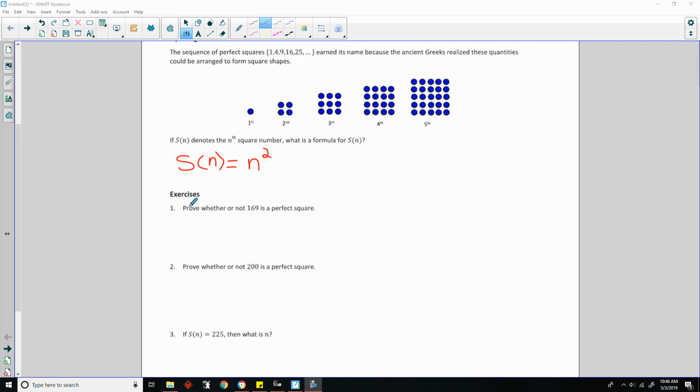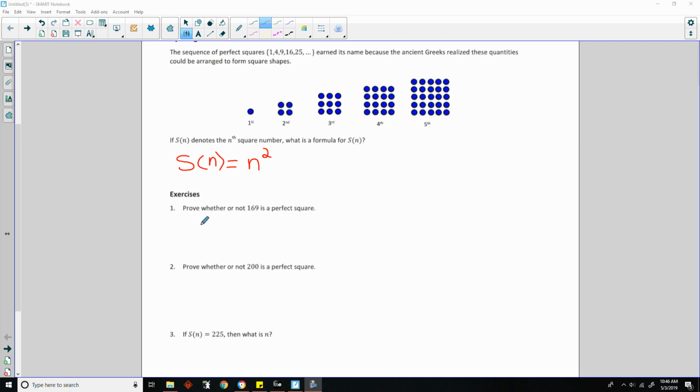Proving whether or not 169 is a perfect square would be really complex. You probably won't get into a formal proof like this till college, and you'd probably prove that something is not a perfect square, not that it is. So let's look at it from this point of view: 5 times 5 is 25, and 6 times 6 is 36, and 7 times 7, and so on.